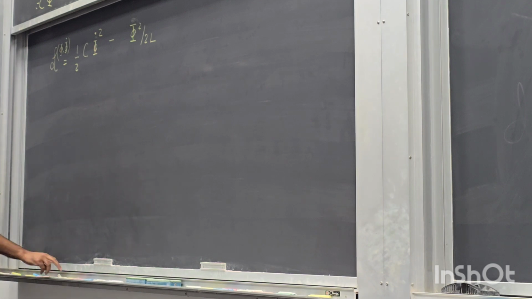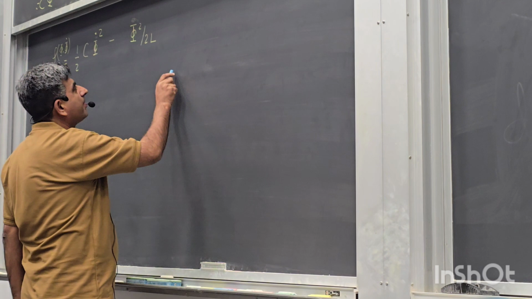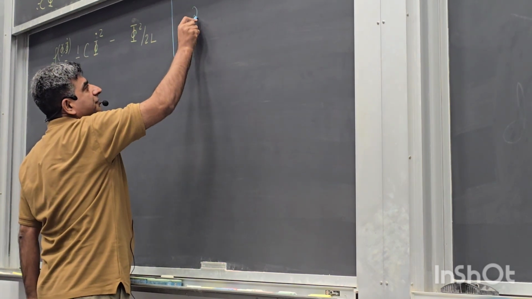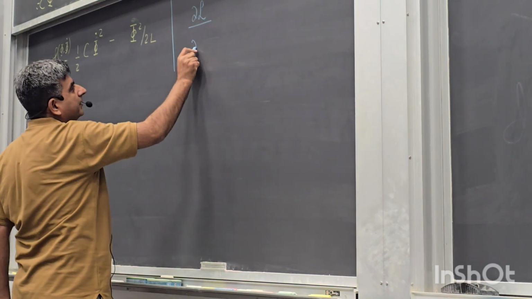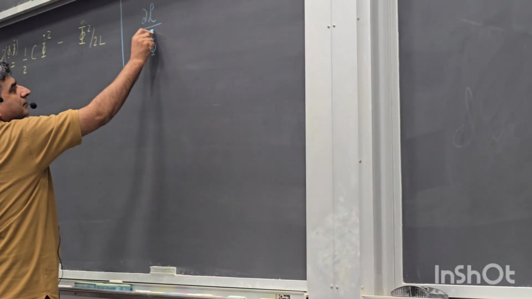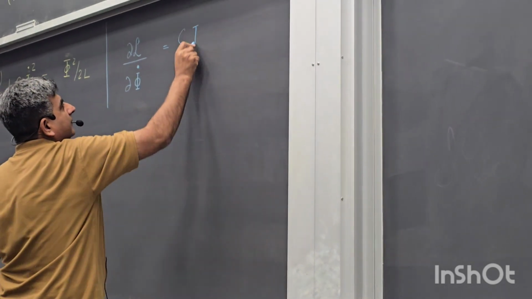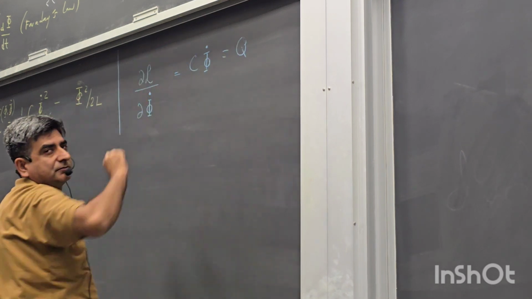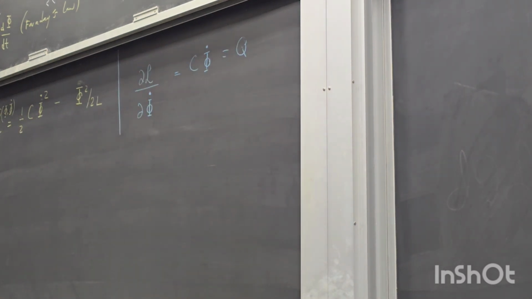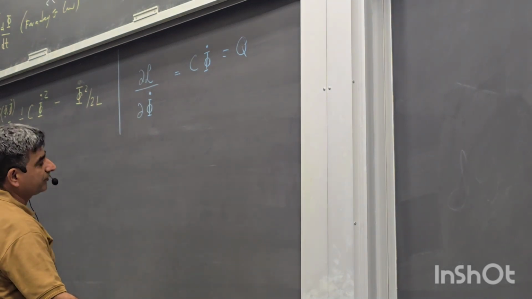And do remember that from the basic notions of classical mechanics, if I were to take the Lagrangian and find its derivative with respect to phi dot, then that derivative will give me c phi dot, which is nothing but the charge. Okay, and the Hamiltonian can also be derived from the Lagrangian in the following fashion.